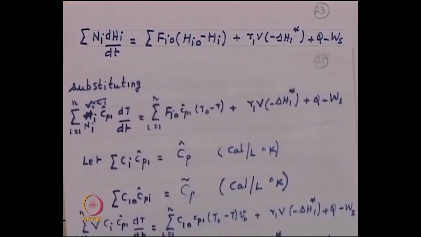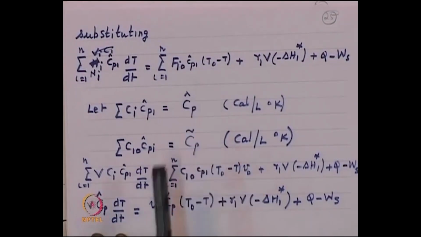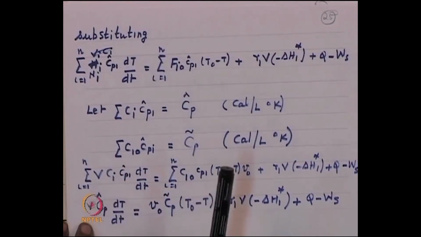But by this formulation of writing in terms of volumetric specific heat, C I changes, but C I C p I for a mixture does not change very much.